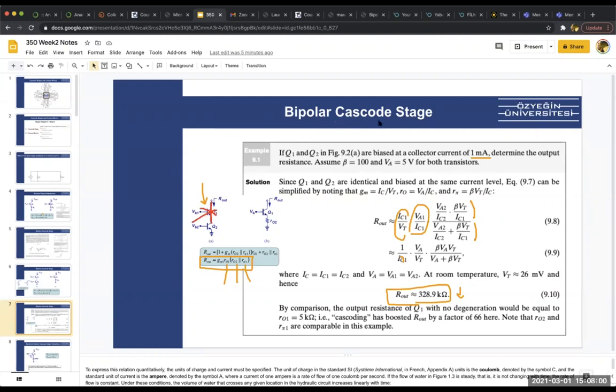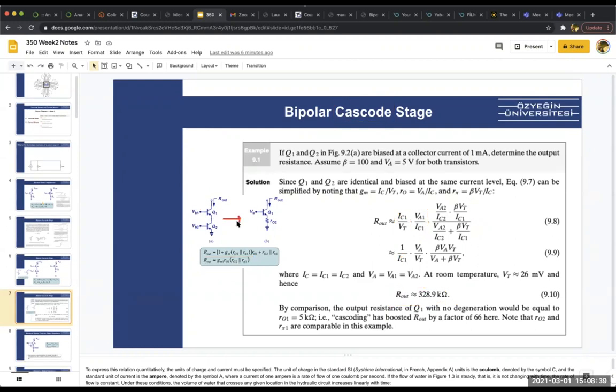Long story short, the good thing about cascodes, providing a current mirror, is important because you boost your output resistance. And for an ideal source, or close to an ideal source, you want this resistance to be as high as possible.